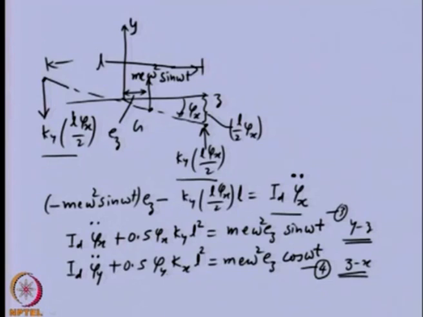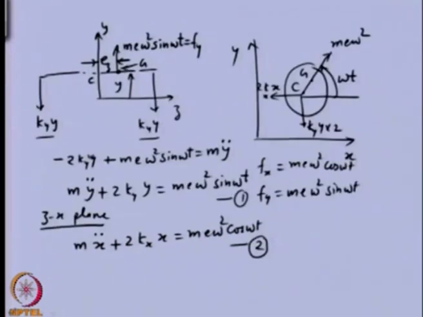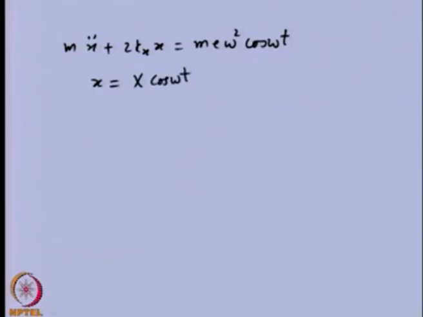Let us take one of the equations, in the x direction, first and try to solve it. We have the equation of motion m x double dot plus 2 k x x is equal to m e omega square cos omega t. The solution we can assume as capital X cos omega t, because there is no damping we considered. So, this can be in the same phase as the force.